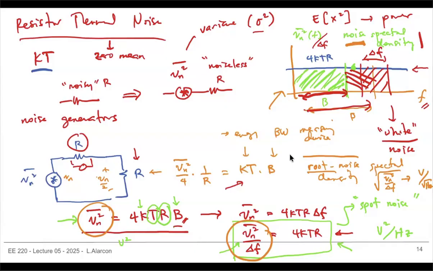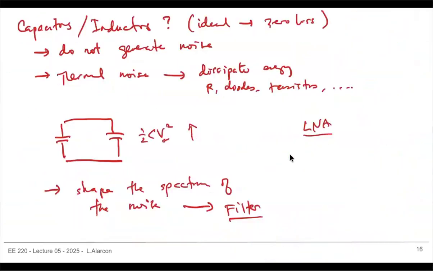And the more stringent the noise specification, the harder it becomes. Limiting the bandwidth is one of the easiest ways you can do that. And we'll talk about this when we get to some of the amplifiers. But hopefully, at least today, we got a good intro on noise, at least thermal noise, where it's coming from, and some of the characteristics of thermal noise.